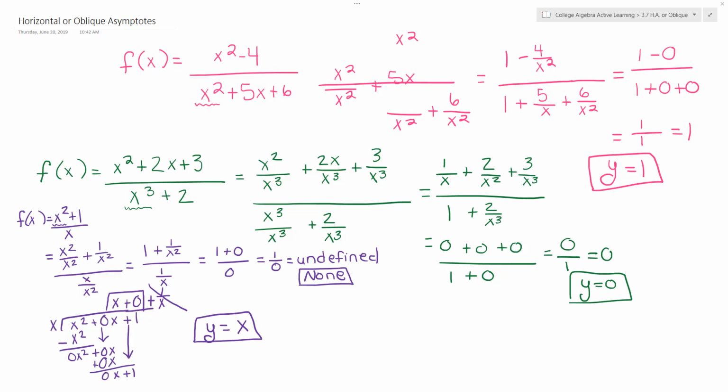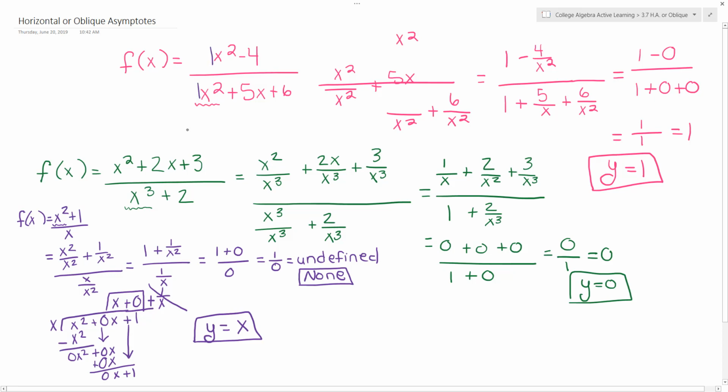So in the first example, notice that the powers were the same. In that case, if you think about the coefficient on those leading terms, the leading coefficient's 1 and the leading coefficient's 1.